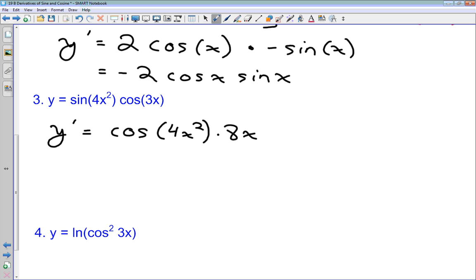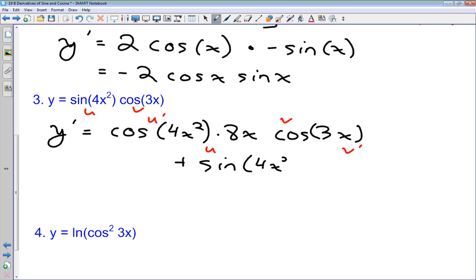This whole thing gets multiplied by cos 3x. Okay, that's our product rule. We've got u, v, so this is u primed times v. To this, we are going to have to add u times v primed. So we need our original u function, sine 4x squared.